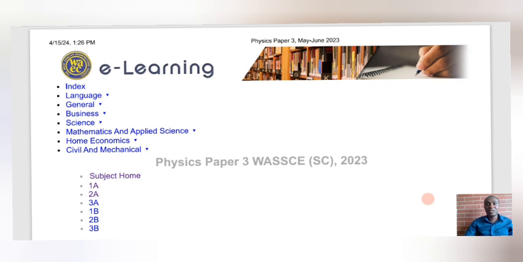The page that we have here is the WAEC official page where the chief examiner gives the marking guide and marking scheme and also the direction on how the question paper should be answered. As you can see here, this is physics paper 3 WAEC school exam 2023.